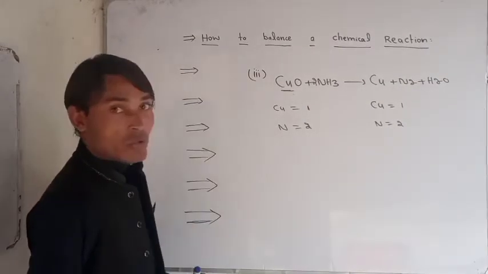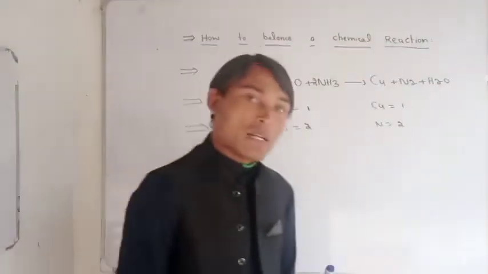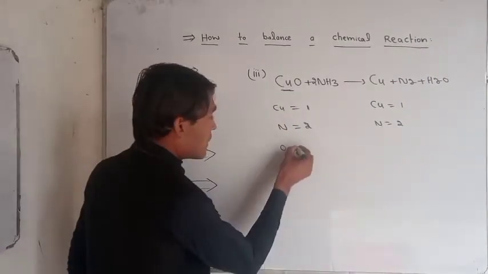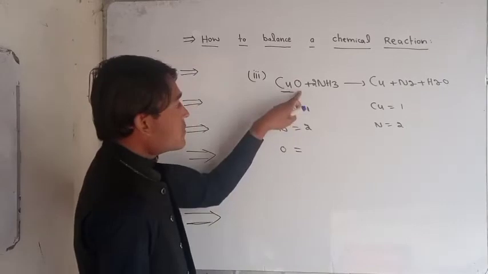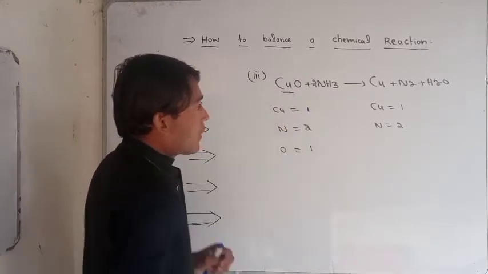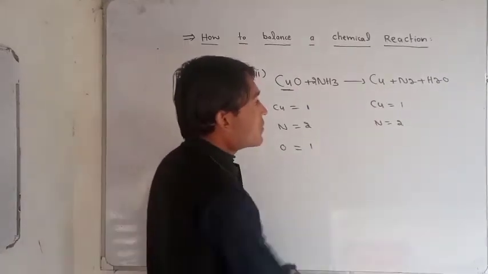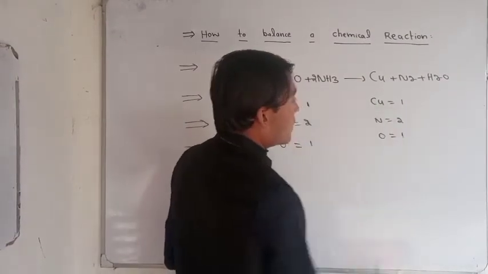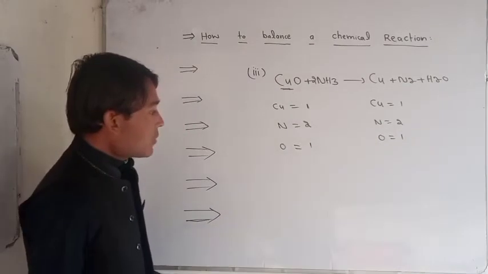Metal is balanced, non-metal is balanced. Now let's talk about oxygen. The number of oxygen here is 1, and here the number of oxygen is also 1.